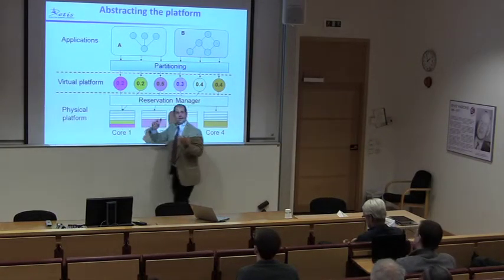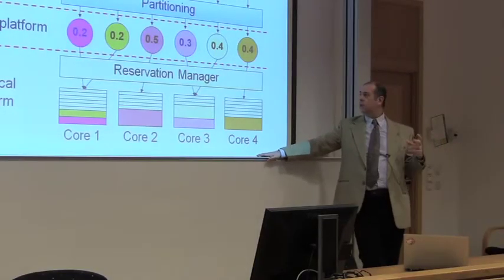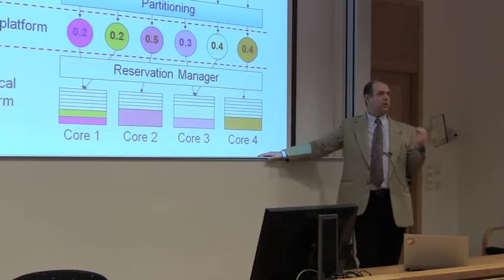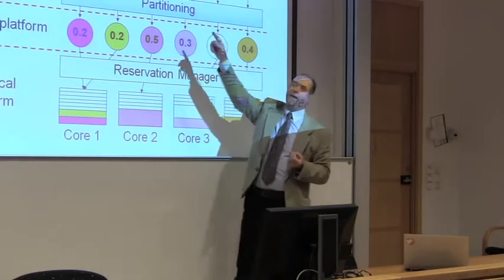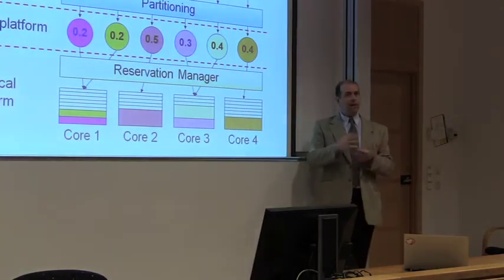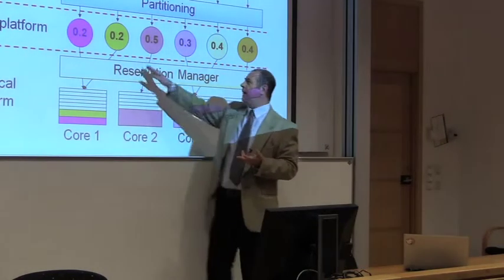So a virtual platform here is represented by reservations. The question is, how much bandwidth do I need for running application A given some timing constraints? Well, I can perform the real-time analysis and derive these numbers.